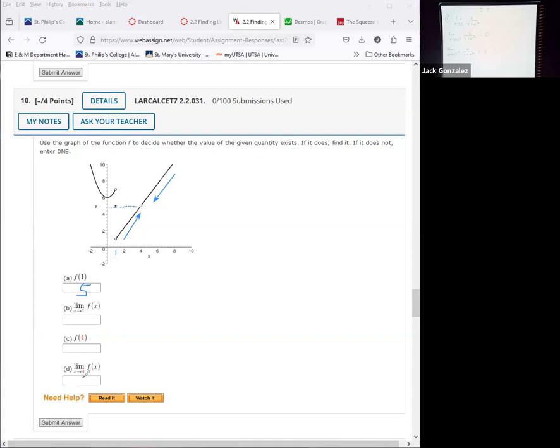The function does not, at least not there. So C does not exist. I'm sorry, C does not exist or is undefined. D is 5. A is 5. B does not exist.